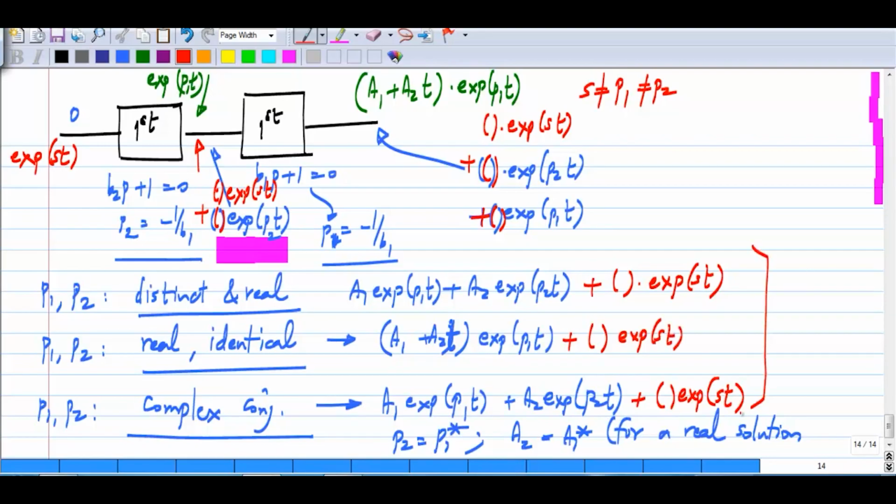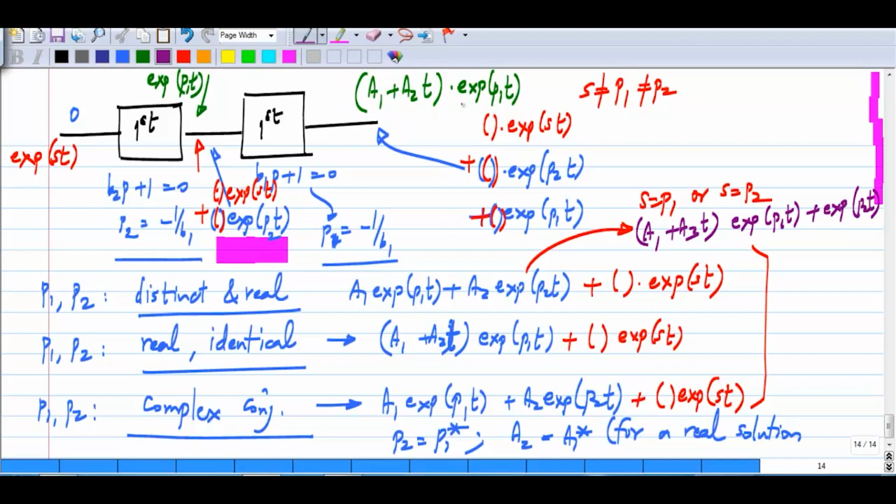But these are not the only possibilities. For instance, in this case, I could have S equals P1 or S equals P2. So if S equals P1, we will get A1 plus A3t times exponential P1t plus exponential P2t.